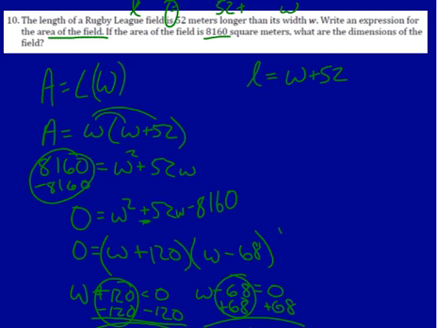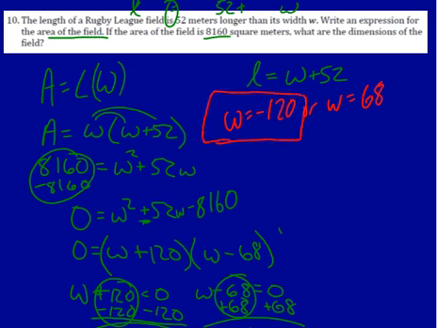We got W to be negative 120, or W equals 68. Well, negative 120 is a distance. I don't drive negative 120 miles home from McDonald's. Distance is always positive. We'll double check that in geometry. So this is the only possible answer that makes sense. So then the length is going to be the positive 120.